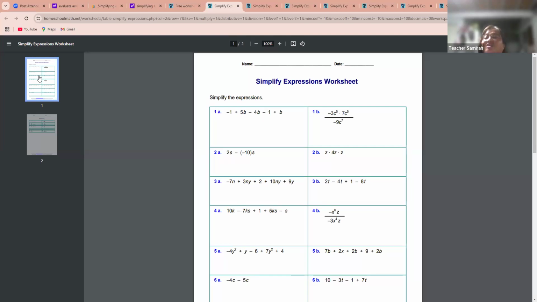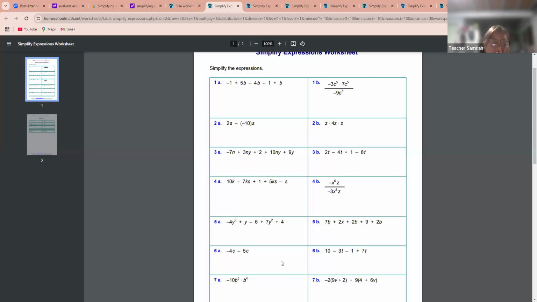Is it 9c? What will be the sign? It will be negative 9c. Very good, it is negative 9c.